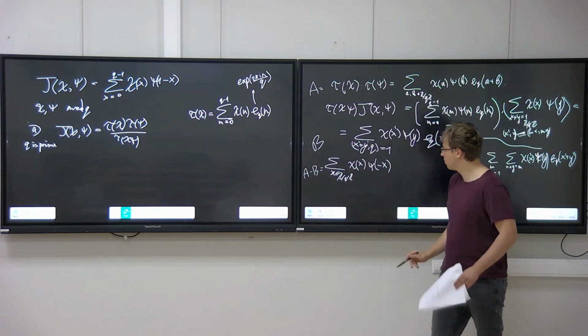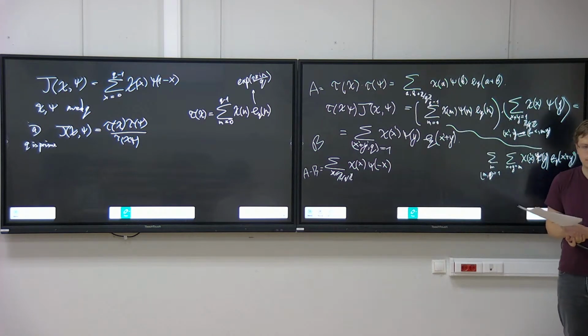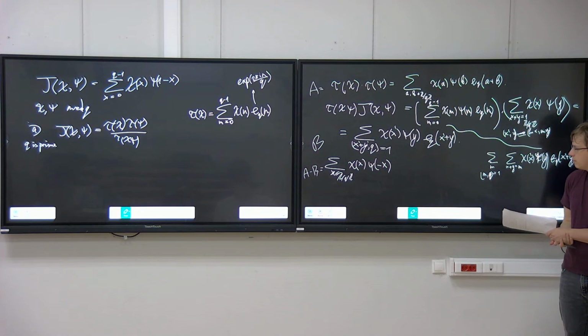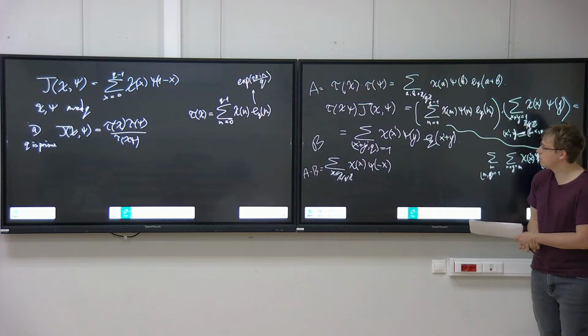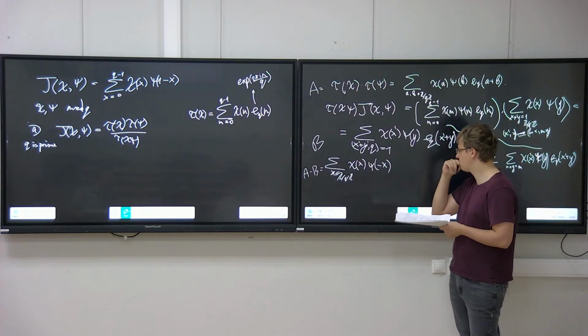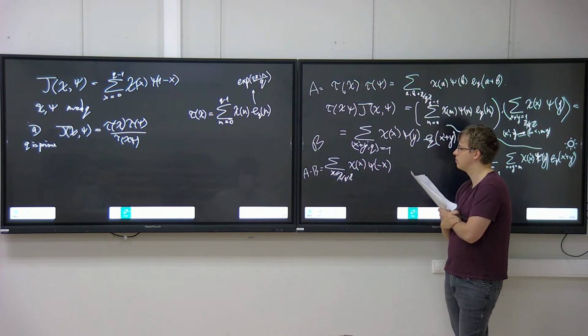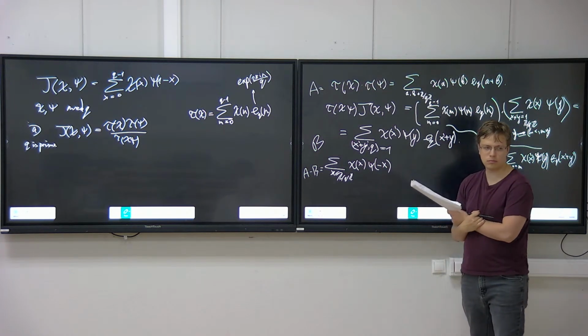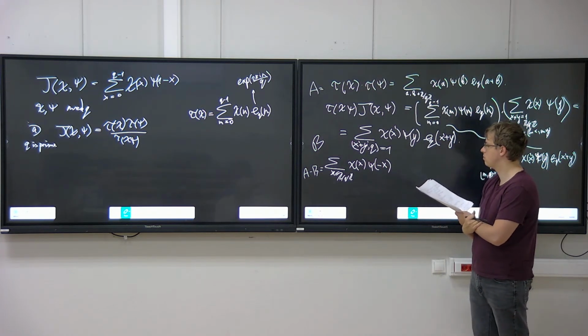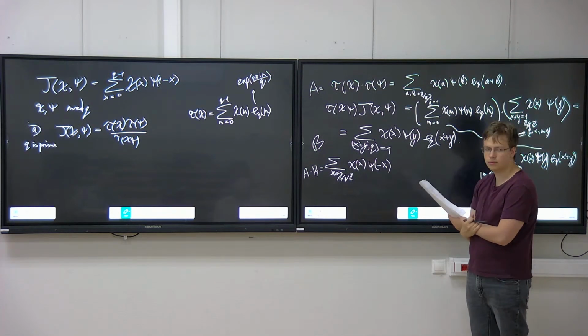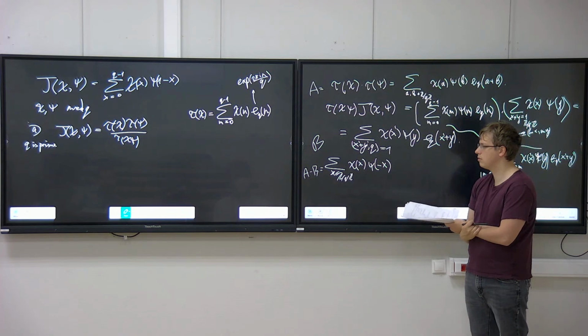Is the transformation clear? We subtracted one from the other. So this is the same sum, but the only difference is that we require the sum to be coprime to Q. So the difference is the same sum, but where the sum is not coprime to Q. If Q is prime, being not coprime to Q is the same as the sum being 0.